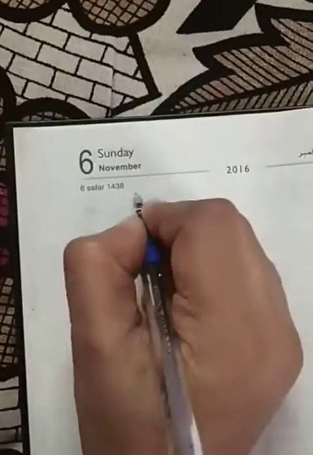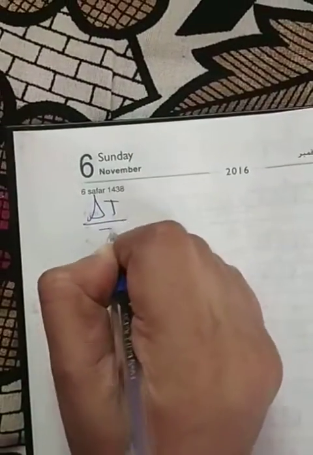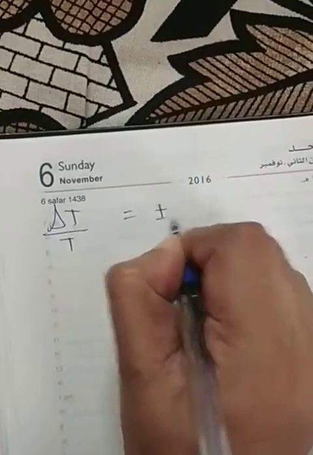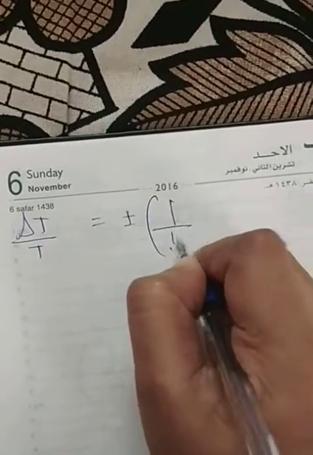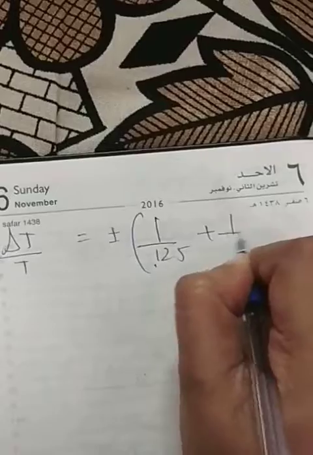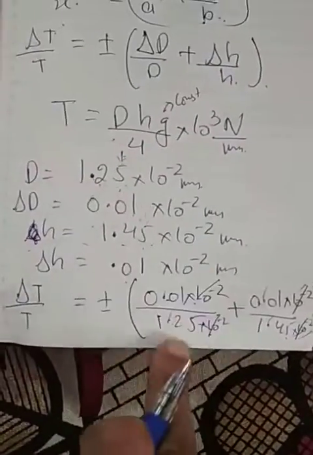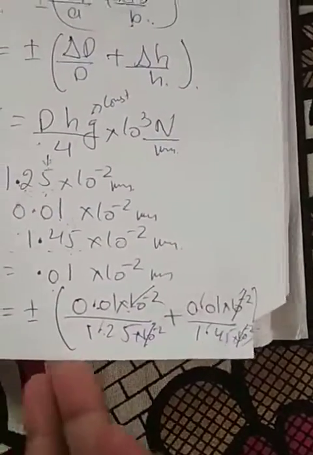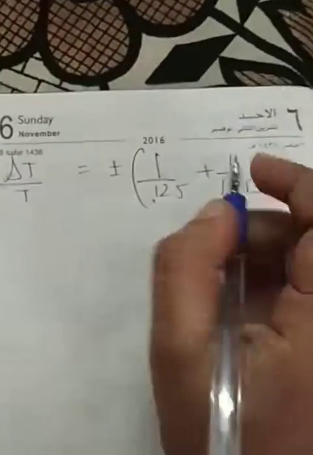So look what we are left with: delta t over t is equal to plus minus 1 divided by 125 plus 1 divided by 145. Everything has got cancelled out right now. So now what to do?